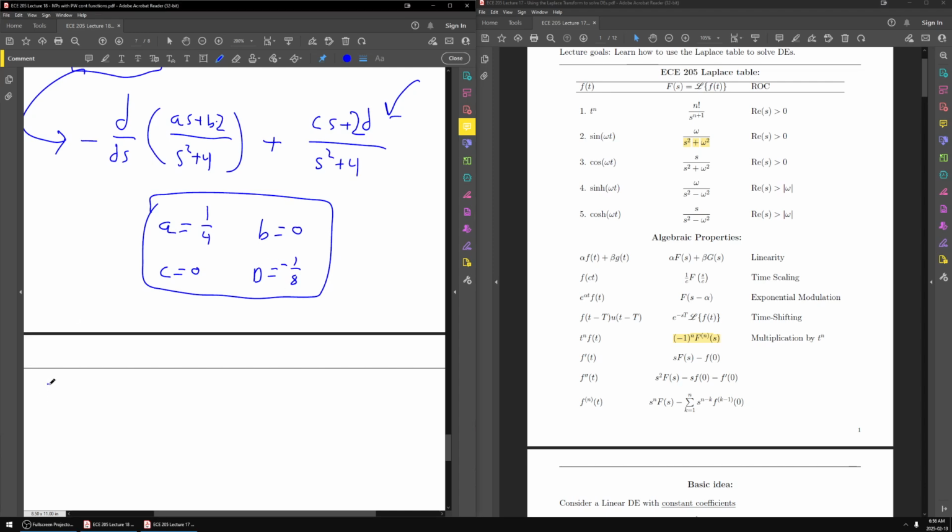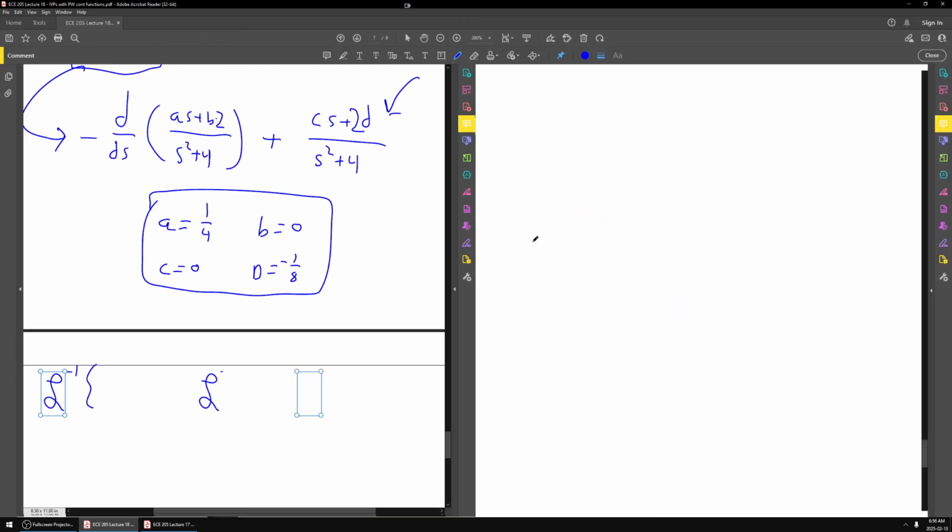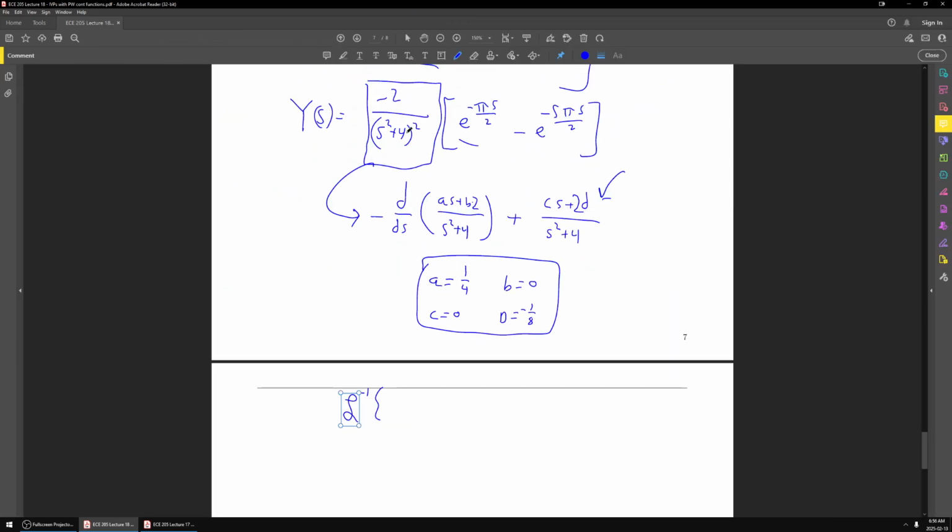my inverse Laplace transform of, I'm going to zoom out a bit. Actually, I'll make this full size here and then zoom out a bit. Of this guy here, my minus 2 over s squared plus 4 quantity squared.